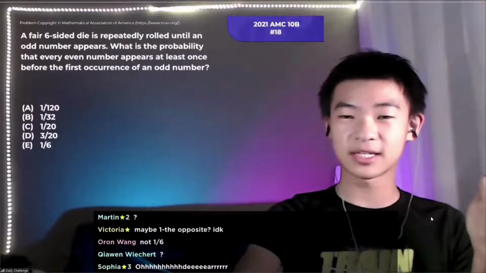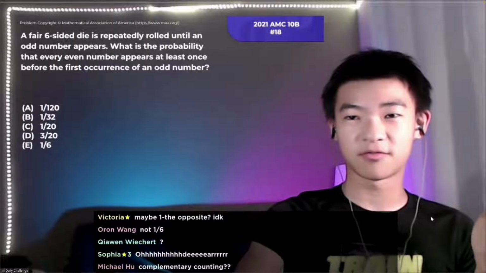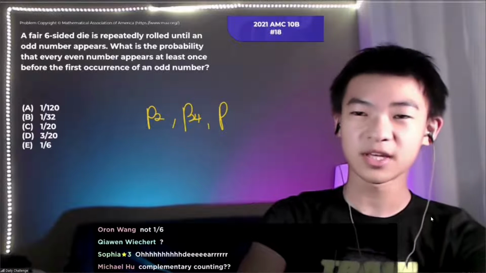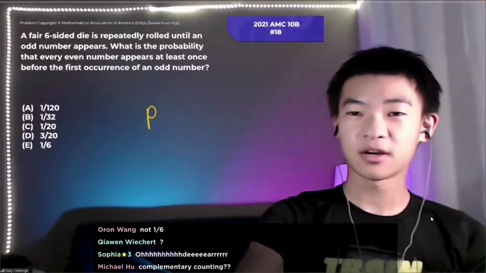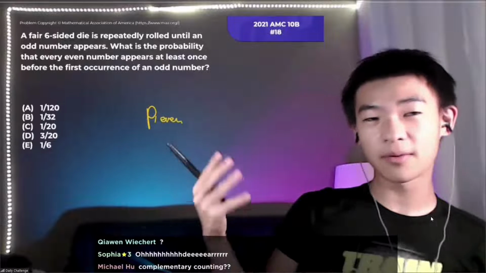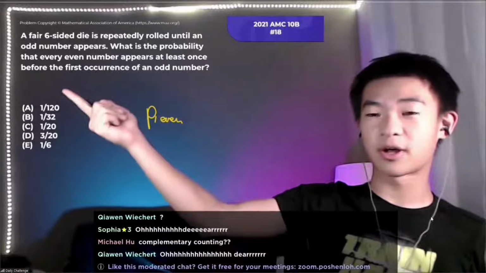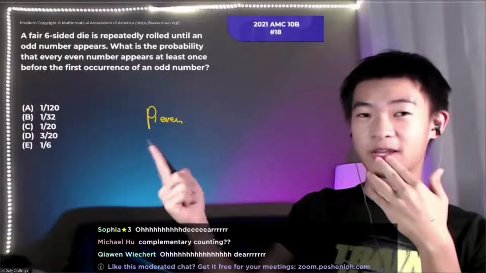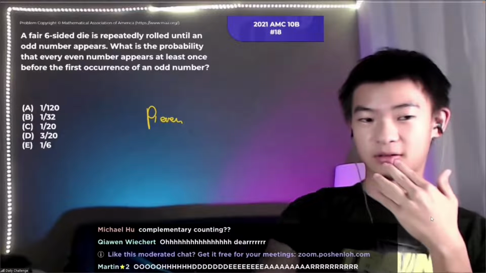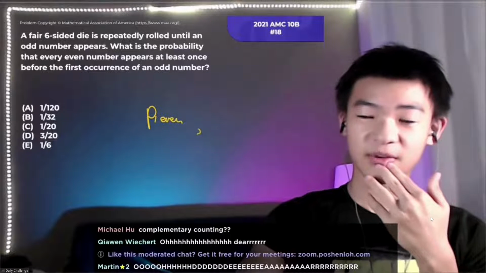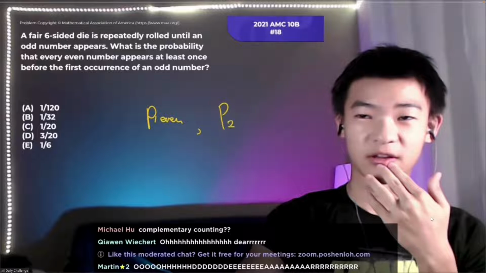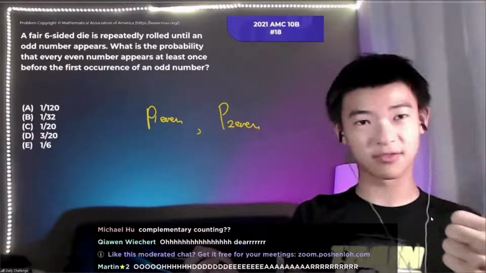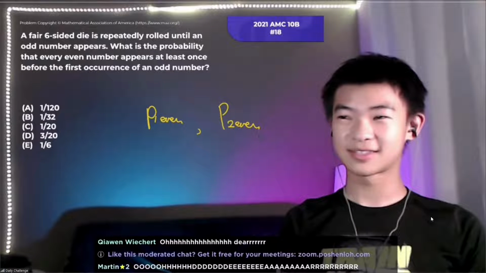So what if we set states like P of 2, P of 2, 4, or even something like P of 1 even, which is the probability that our desirable outcome happens when we have 1 even in our list so far. We could also have something maybe like P of 2 even, and then our probability that we succeed if there are currently 2 good even numbers in our sequence.